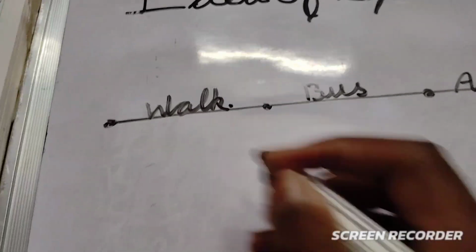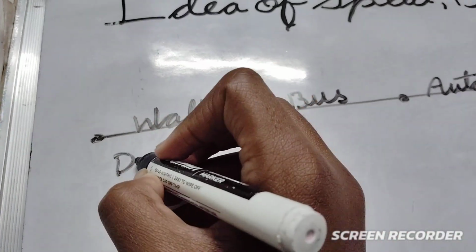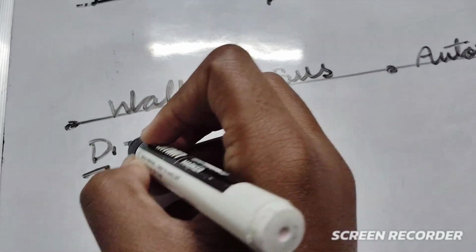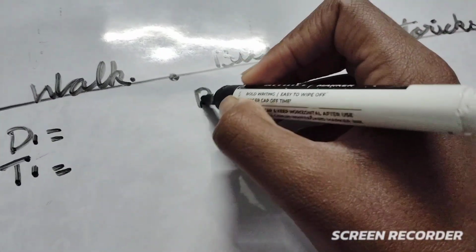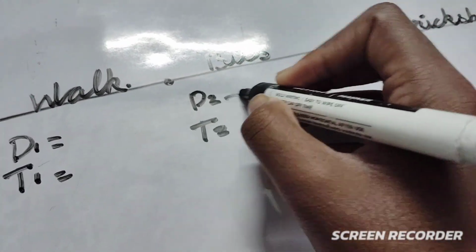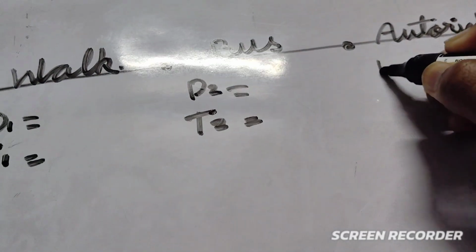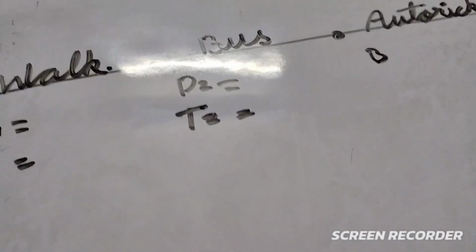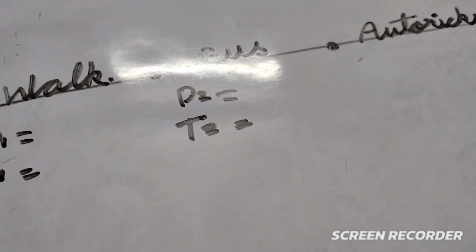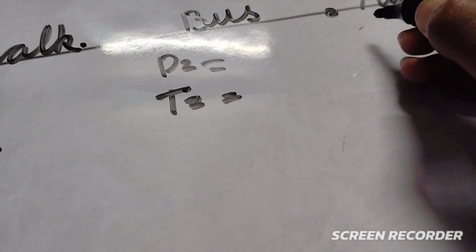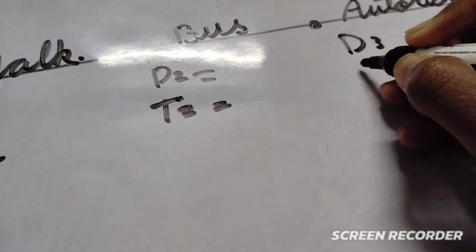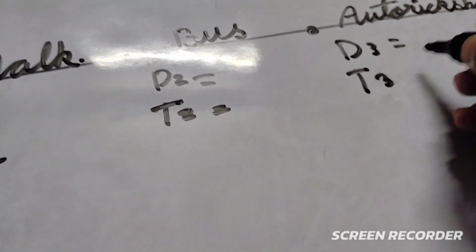Now the distance one, time one, D2, T2, and D3 and T3.